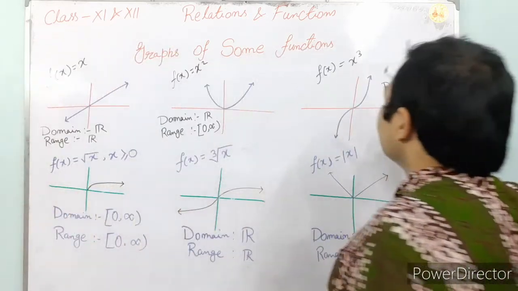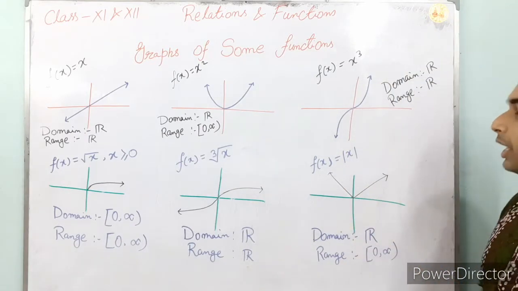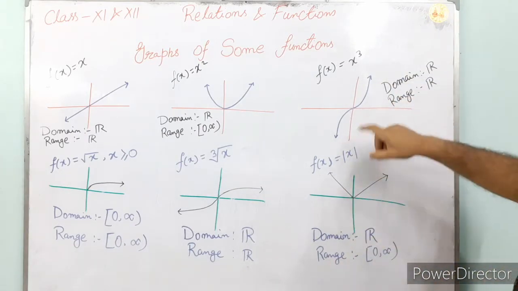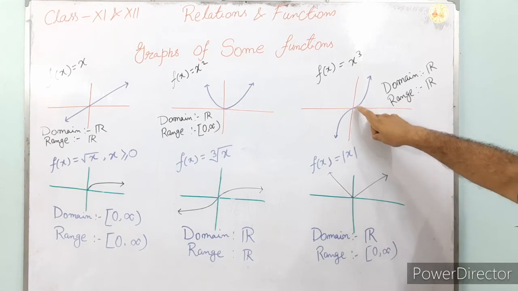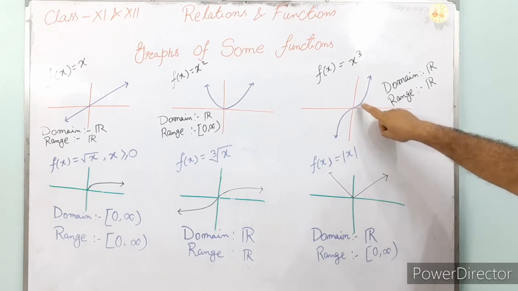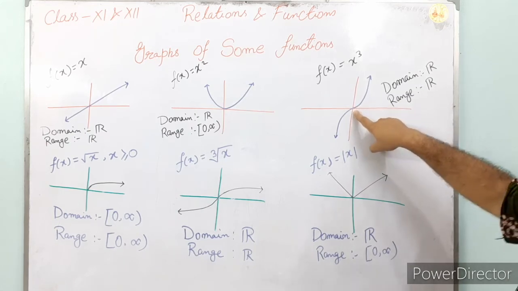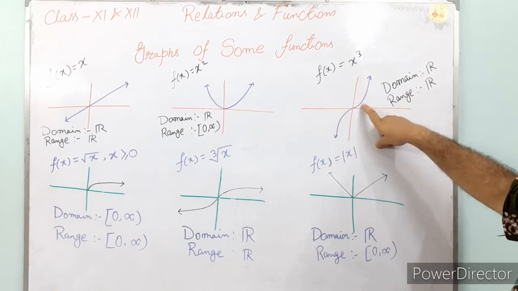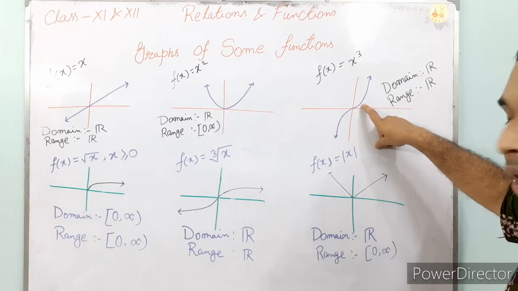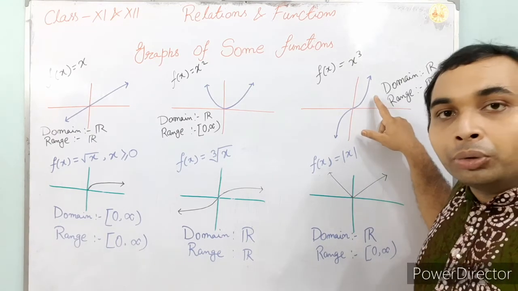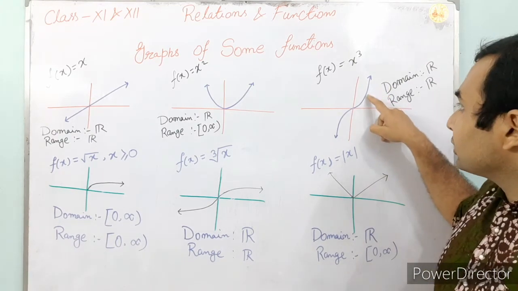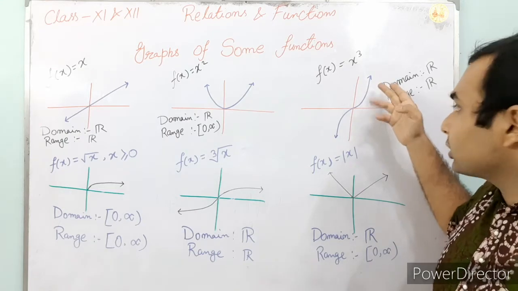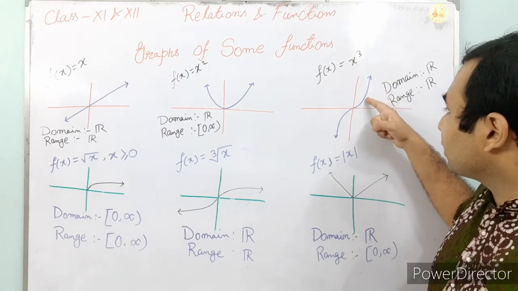Let us come to f(x) = x cubed. If x equals 0, then obviously it is 0. If x equals 1, f(x) is also 1. If x equals 2, then f(x) is 8, so here you can take the point (2, 8).